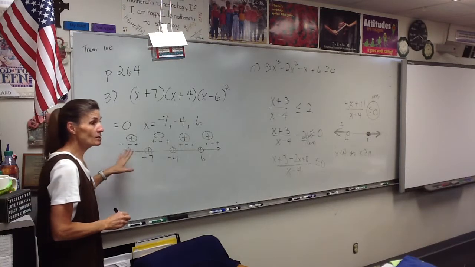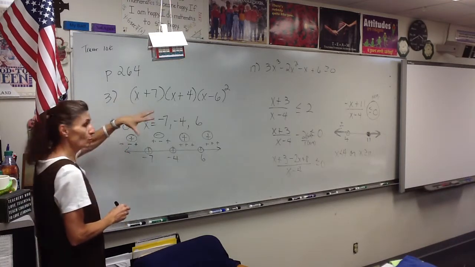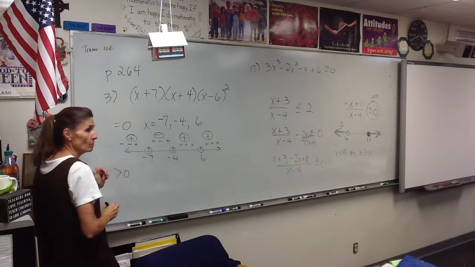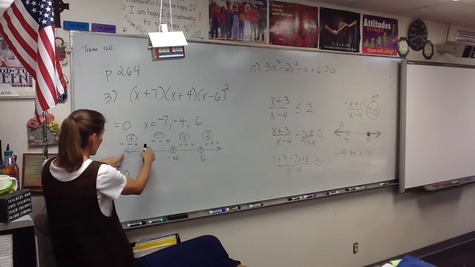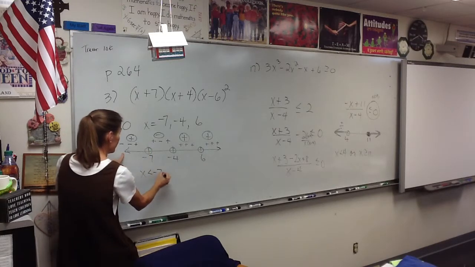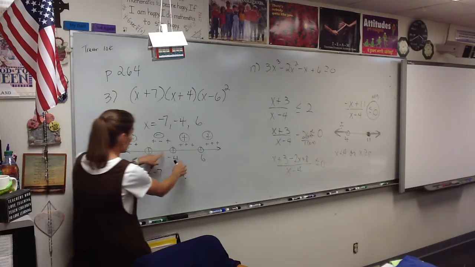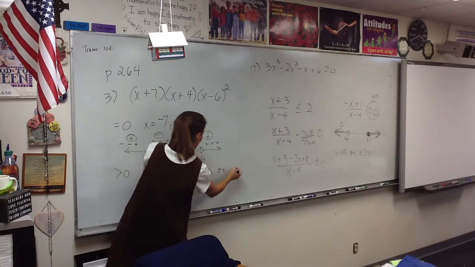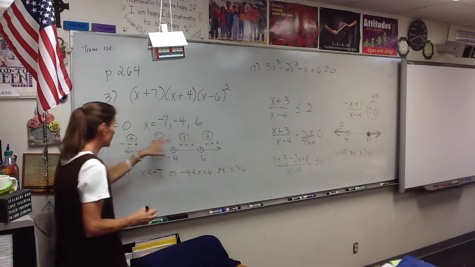So when the directions say, where does this equal 0? The dots. All right, where is it greater than 0? Well, it's greater than 0 in this section, or in this section. Would you agree with me? See what I'm doing?